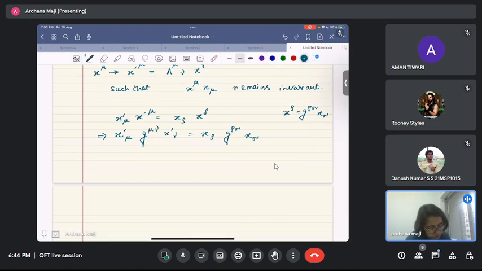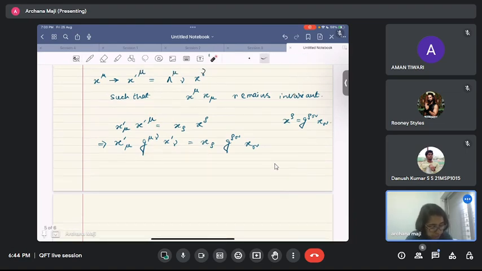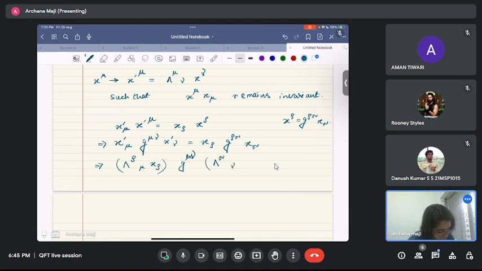Then x prime mu we can replace here, so this is lambda mu rho x rho g mu nu lambda nu sigma x sigma.